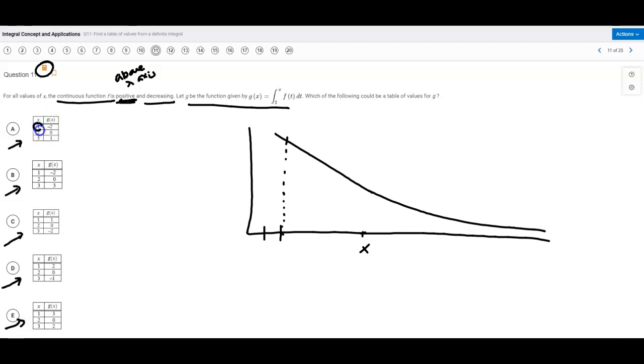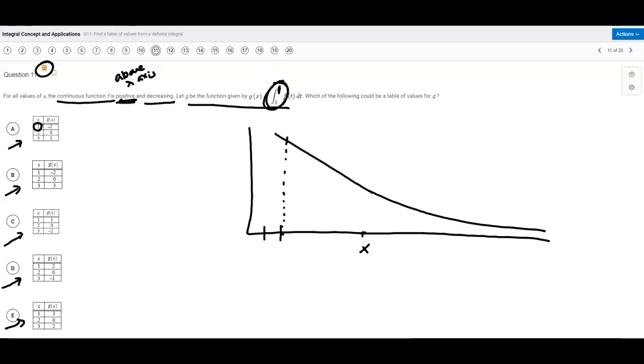So let's start by plugging in 1. If I plug in 1, notice that my limits are backwards. And you guys know that when your limits are backwards, you have to change the sign, right? Typically, if I was to start back here, the area from here to here would be positive. But since my limits are backwards, that's going to change it to be negative.